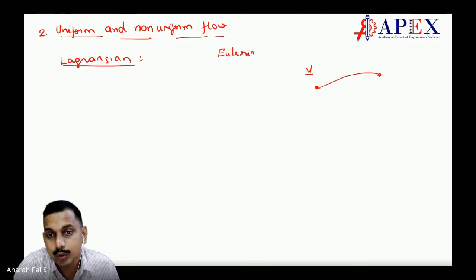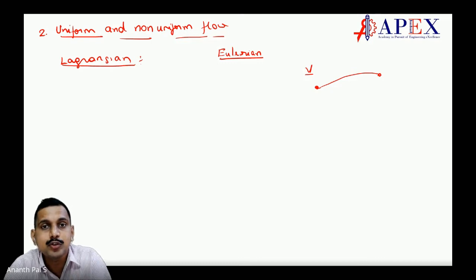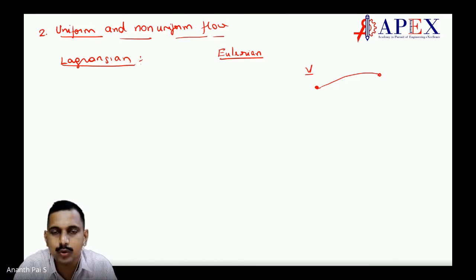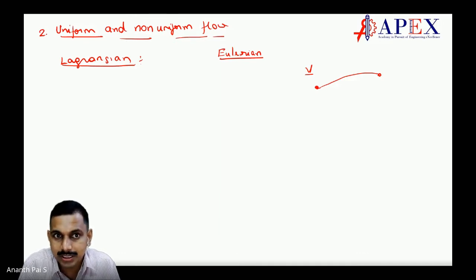In Eulerian, we have to go to the next point. We have to go to velocity and see whether it is a function of x, y, z. That means when you go to the other location, you have to check the velocity there. So it is more of Lagrangian when you go for uniform and non-uniform. Correct. So what is this uniform and non-uniform?